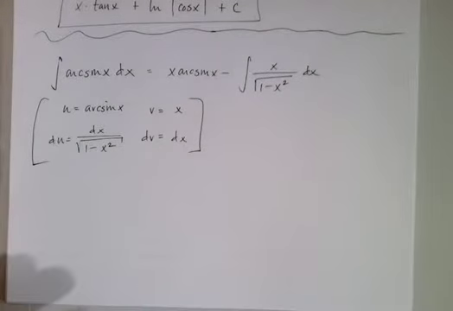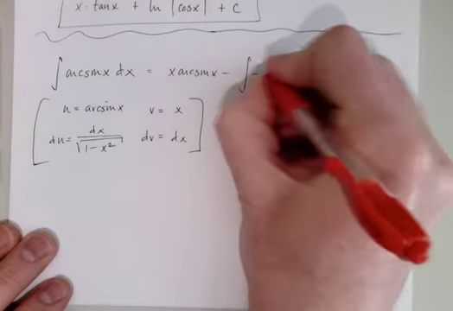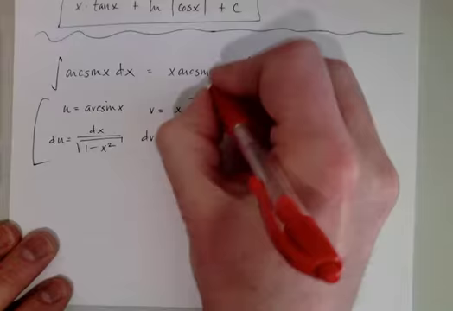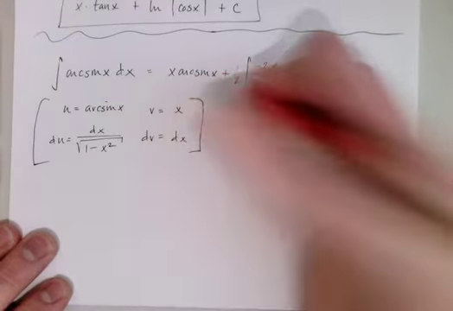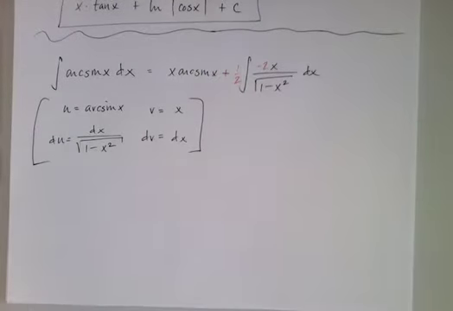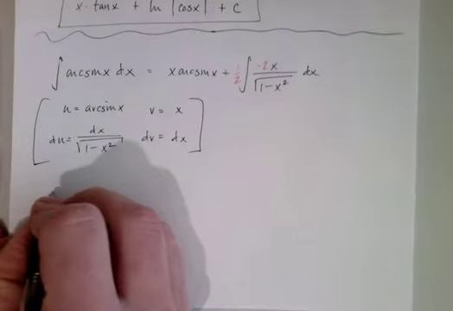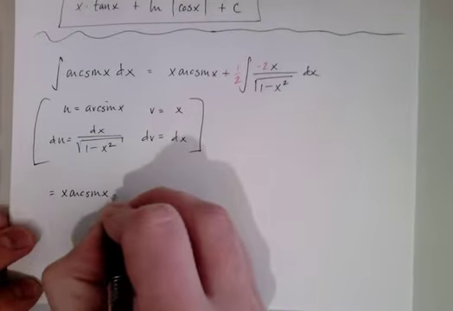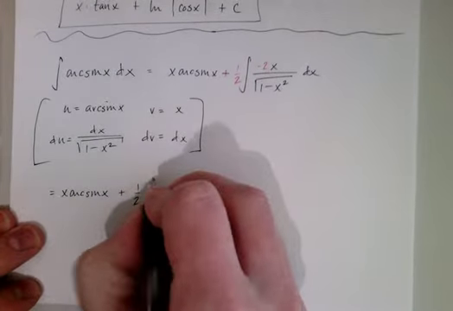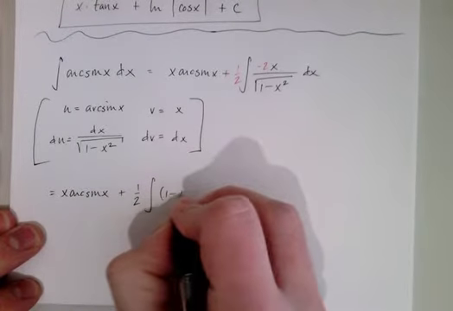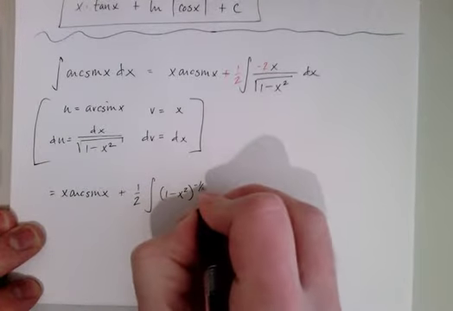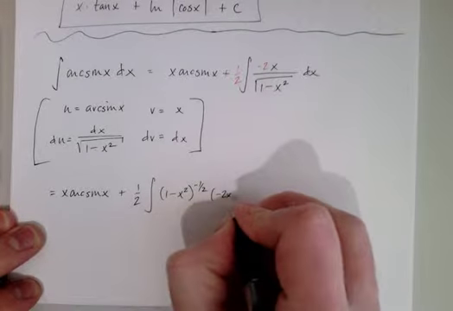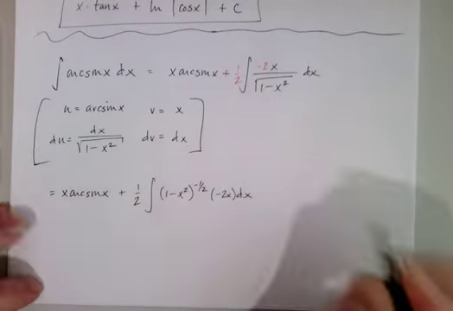So all I would have to do in order to change the form of that is put a negative 1/2 out in front, and that changes this into arcsine x plus 1/2 times the integral of 1 minus x squared to the negative 1/2 times negative 2x dx.